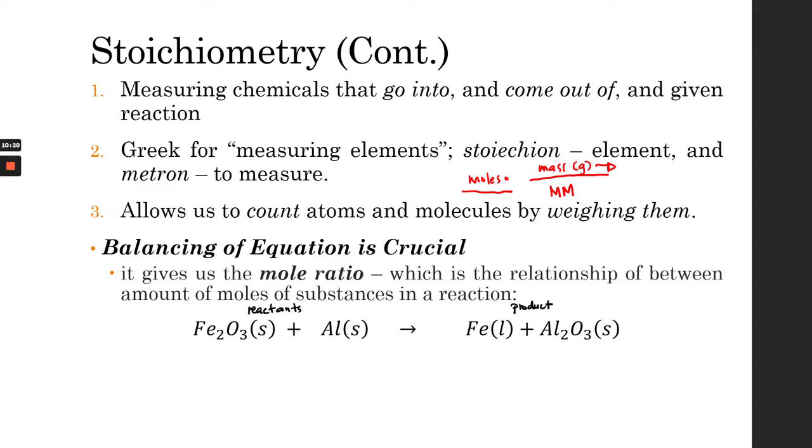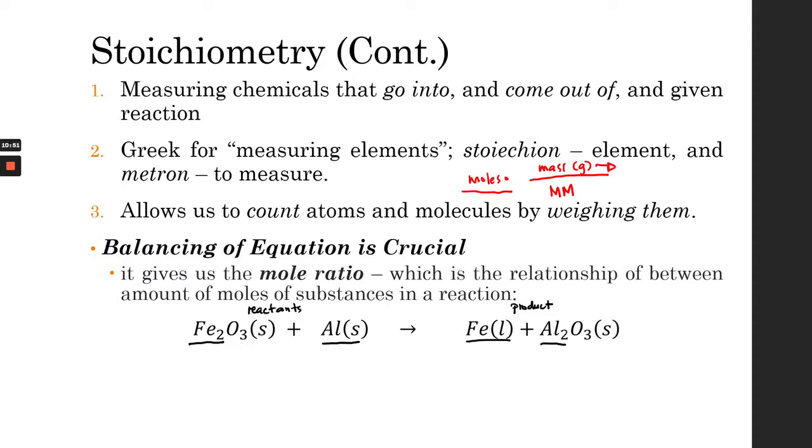In this scenario, as you can see, the equation is not balanced, because in your reactants you have two atoms of iron, but in your products you only have one atom of iron. And in your reactants you only have one atom of aluminum, while you have two atoms of aluminum in your product.